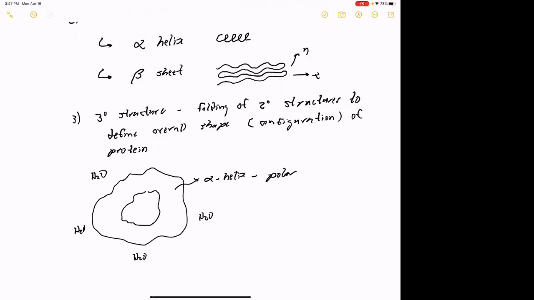Make sense? So what that does is it kind of forces to the center the beta sheets, which have a tendency to be more nonpolar. Nonpolar things don't want to interact with water, so they're going to be forced into the middle of this globular protein.